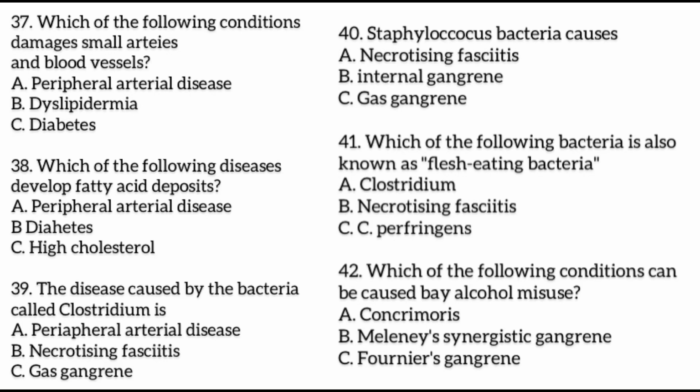Fournier's gangrene is a rare but life-threatening condition affecting the penis and genitalia. This disease has been shown to have a predilection for patients with diabetes as well as long-term alcohol misuse. However, the disease can also affect patients with non-obvious immune compromise.